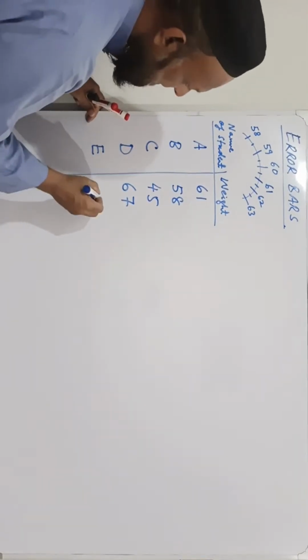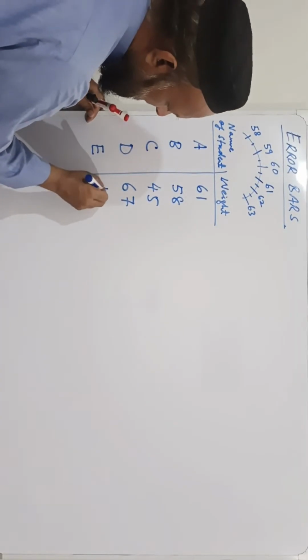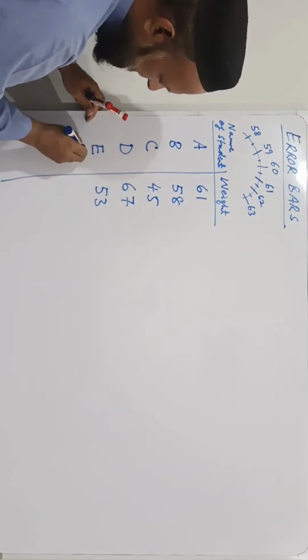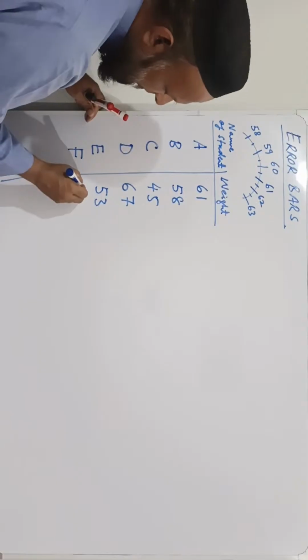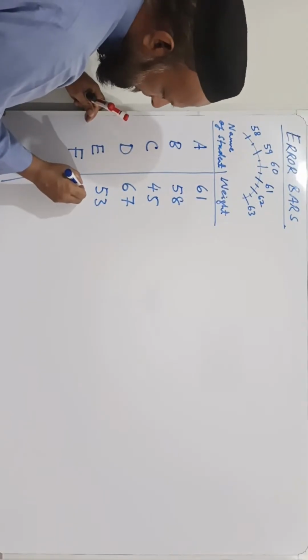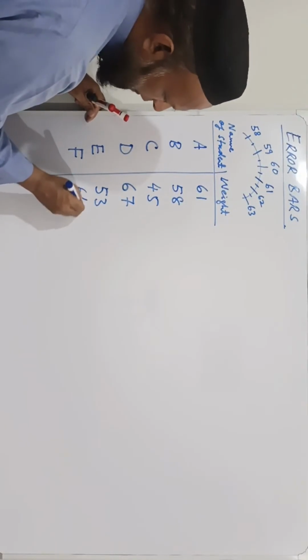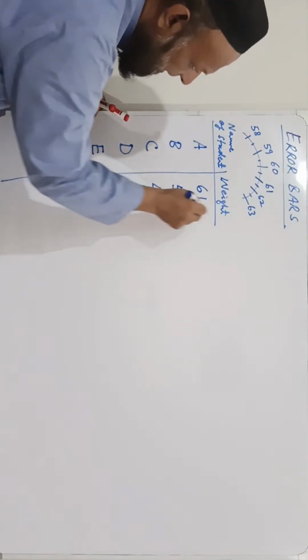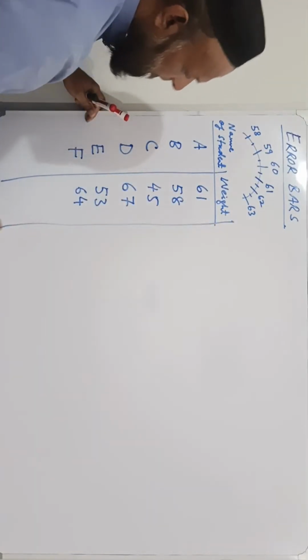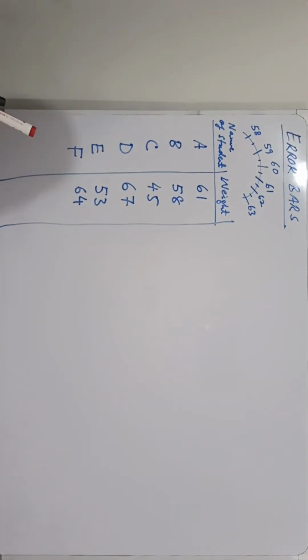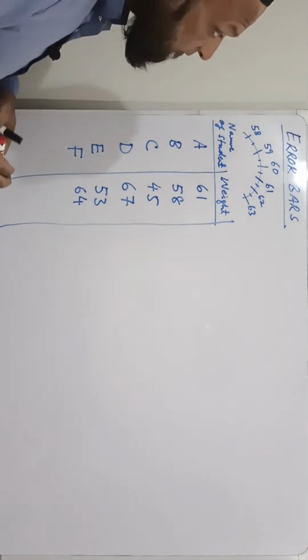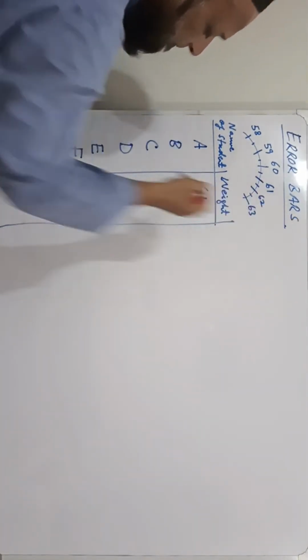E weight 53. F weight 64. Let this be our data. Okay. We have to draw a bar graph for this, and we have to find error bars as well.